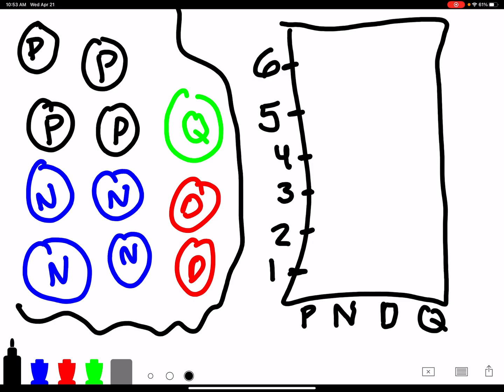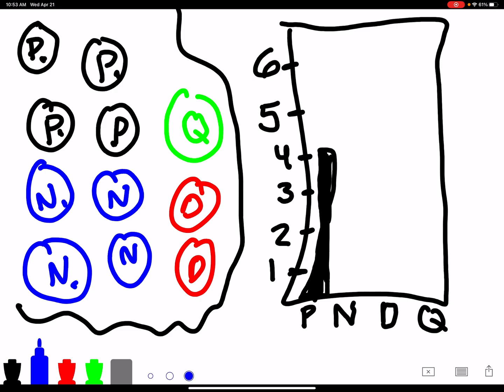So we look for pennies, which is in the color black. I see 1, 2, 3, 4. I see 4 pennies. So I'm going to draw my line up to the 4. And then how many for nickels? I see 1, 2, 3, 4.